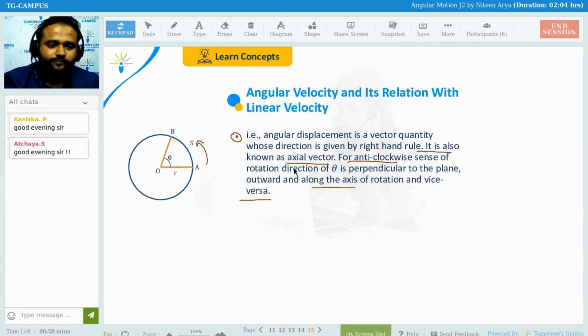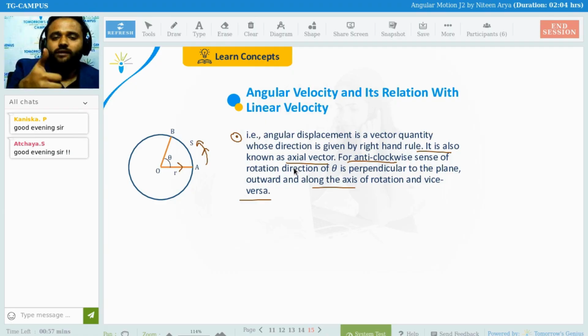So theta is positive. This is my radius. The radius vector is going up this side, and I am rotating anti-clockwise, towards you. This is your first vector A, and this is your second vector B. The moment I rotate in this way, anti-clockwise, the direction is going to be positive.